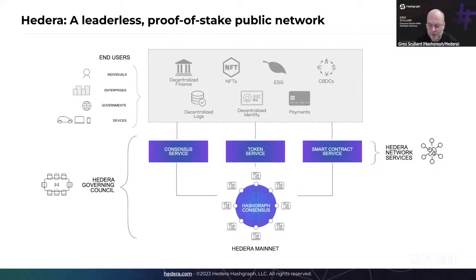And using one or more of these services together, you can build applications across a wide variety of use cases. And of course, those applications are then used by anyone, from individuals all the way down to devices in the context of IoT.